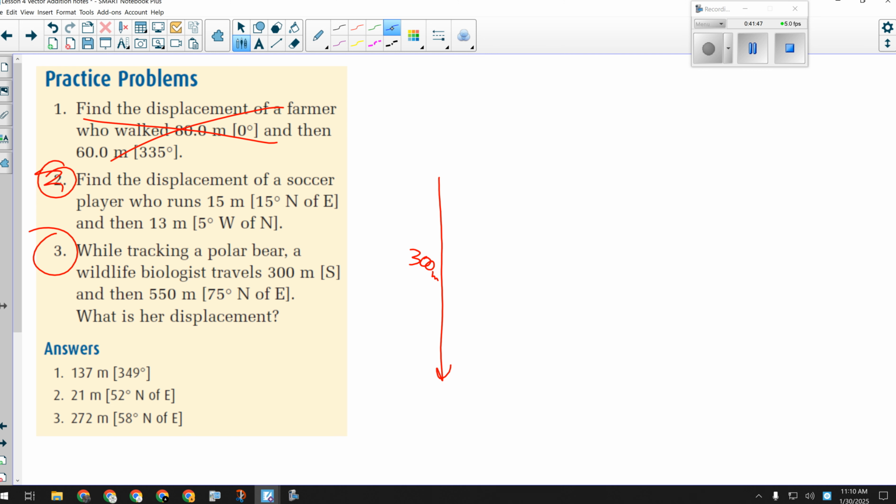Is that a lot further than 300? Okay. And it's 75 degrees north of east. So here's a reference line that's east. 75 degrees is like that way. Okay? And I probably still haven't done that justice in terms of how long that blue line should be, but it's definitely longer than the 300 meter line. Okay? Almost twice as long.